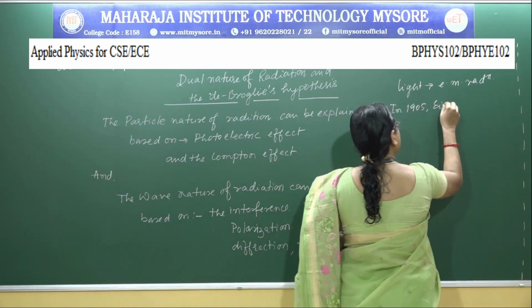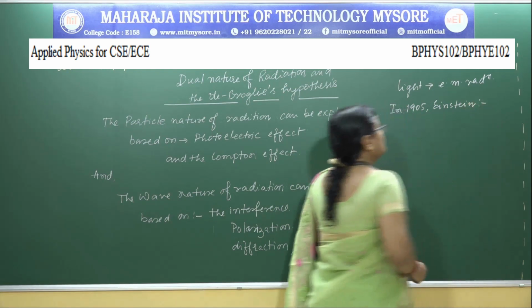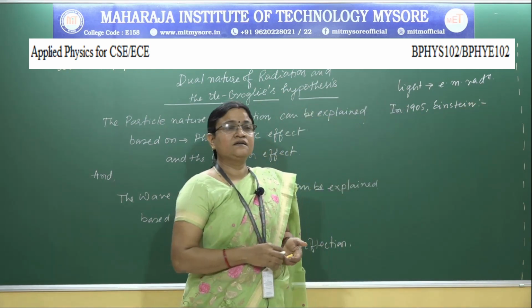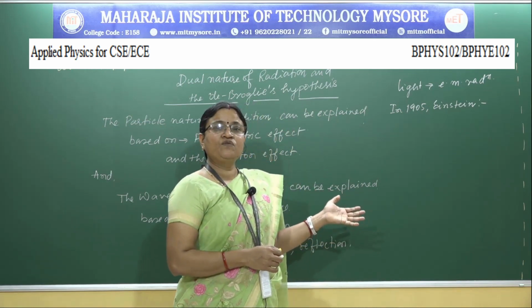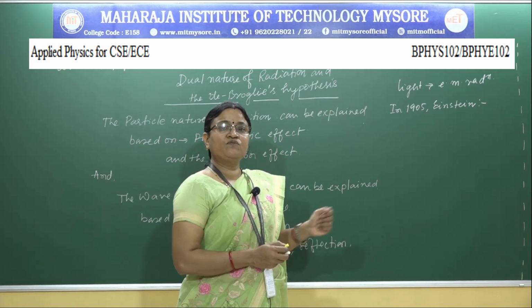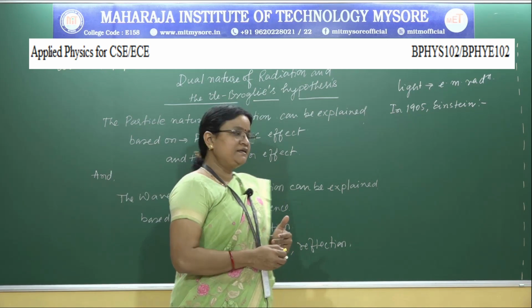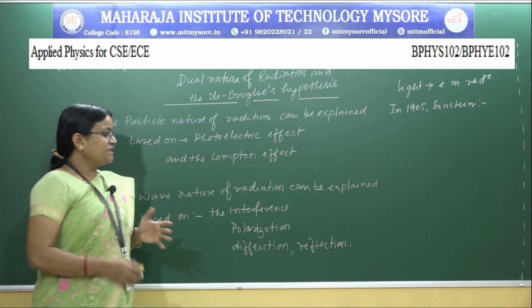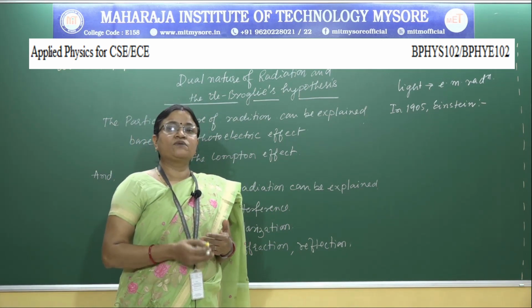Einstein suggested that light is nothing but the stream of moving photons, and photon is a particle, and light undergoes interference, polarization, diffraction, refraction, other phenomena.